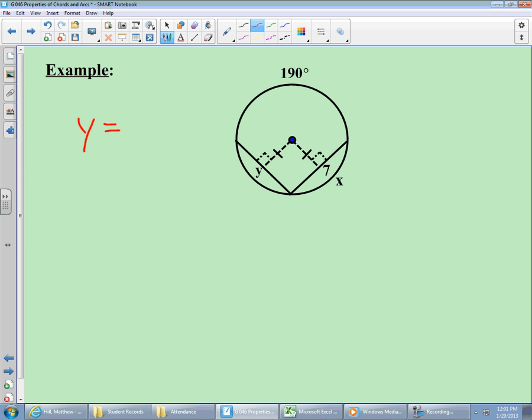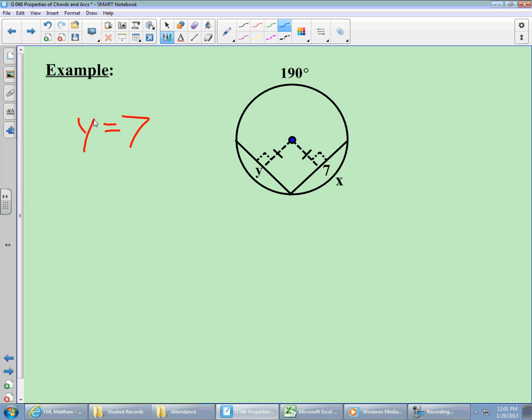Okay. Well, we have a rule that says if two chords are equidistant from the center of a circle, which is what we have, then the chords themselves are going to be congruent to each other. One of them measures 7, that means the other one measures 7 as well. Okay, so that one's kind of easy based upon the rule.